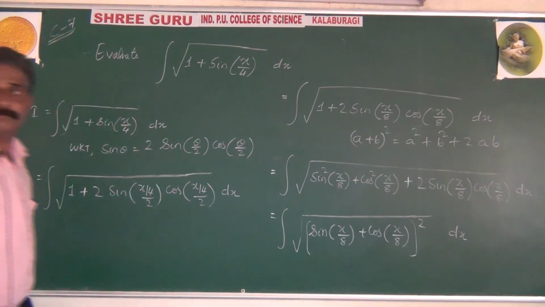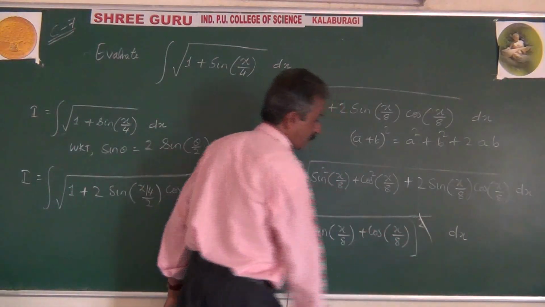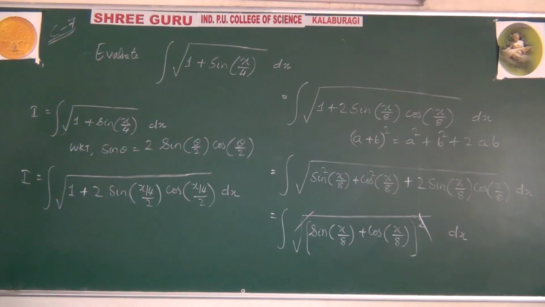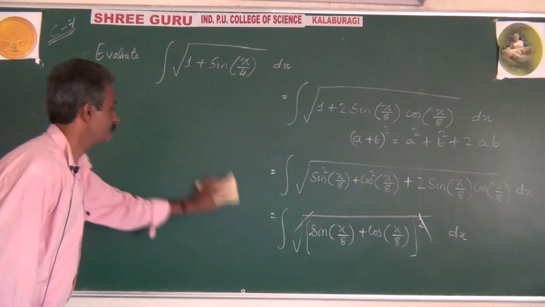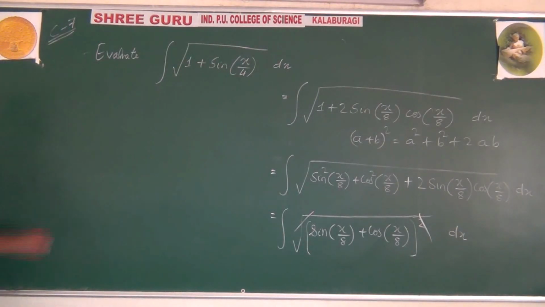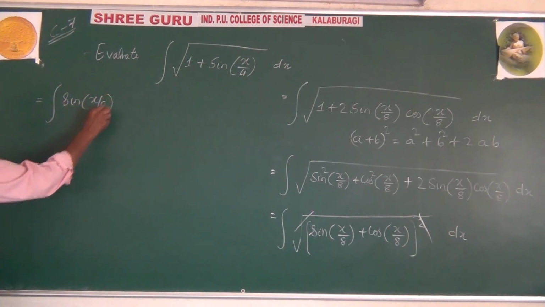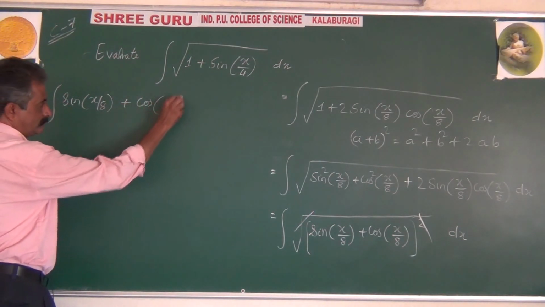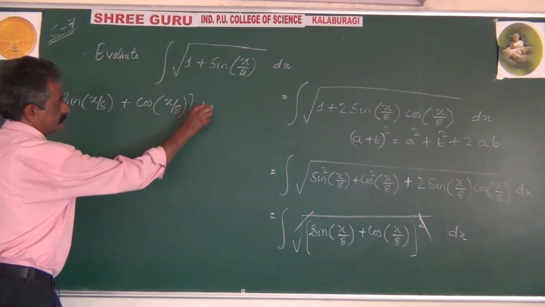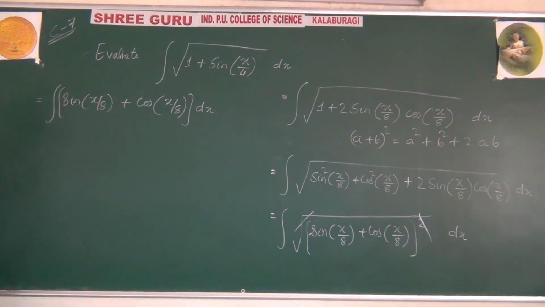Now the square root and square will cancel. We have now finally integration of sin x by 8 plus cos x by 8. Now we can break into how many terms? Two terms.